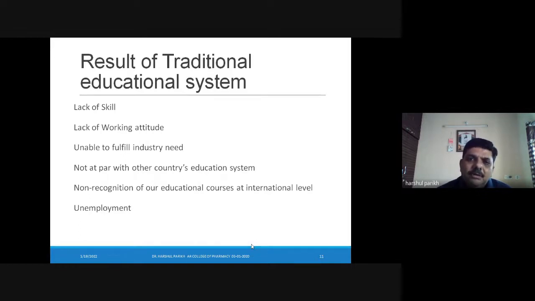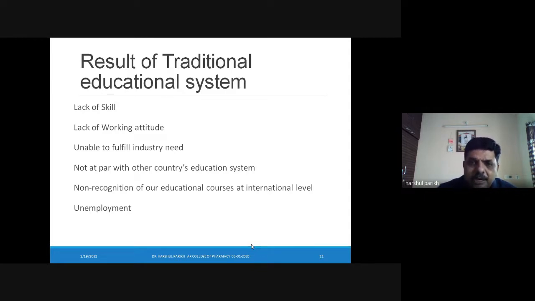The present teaching system cannot satisfy the industry need. That's why it is not at par with other countries' education systems, and our educational courses are not at par at international level. Apart from that, there will be unemployment.